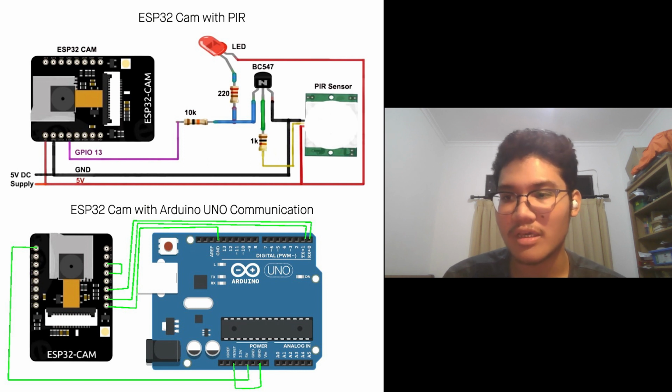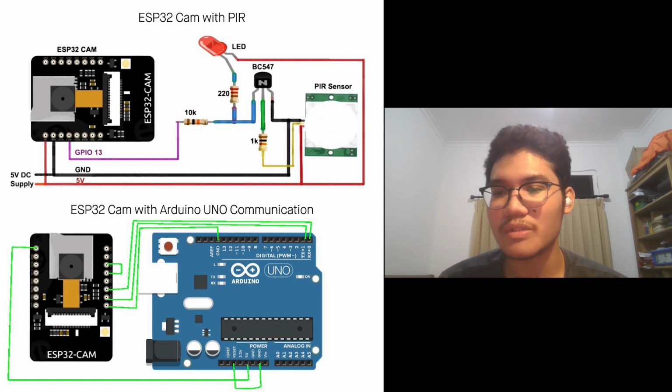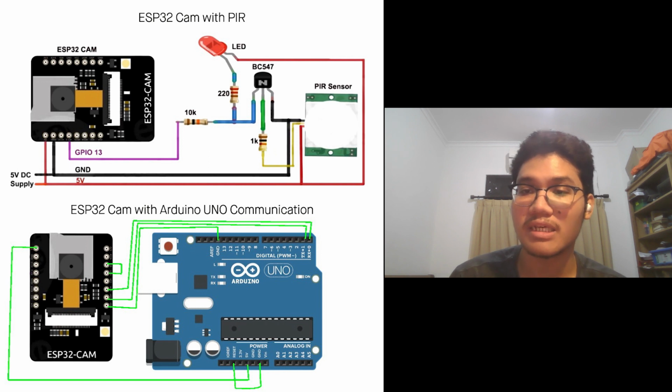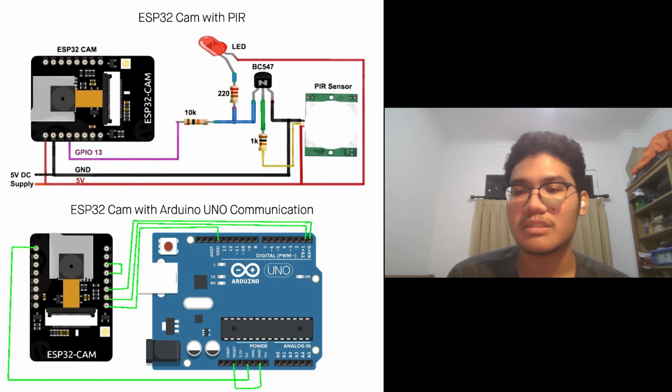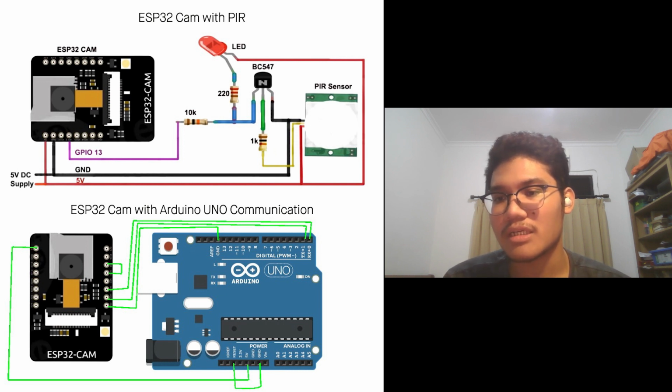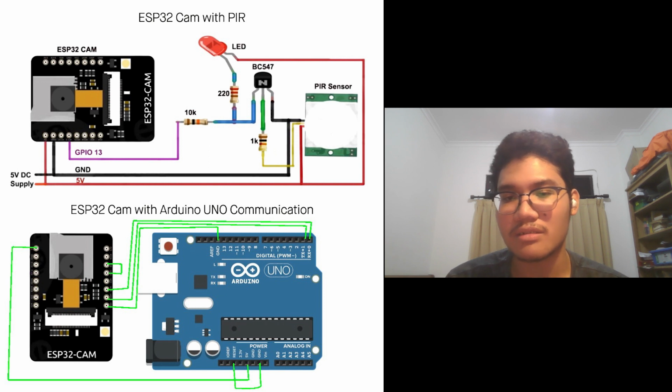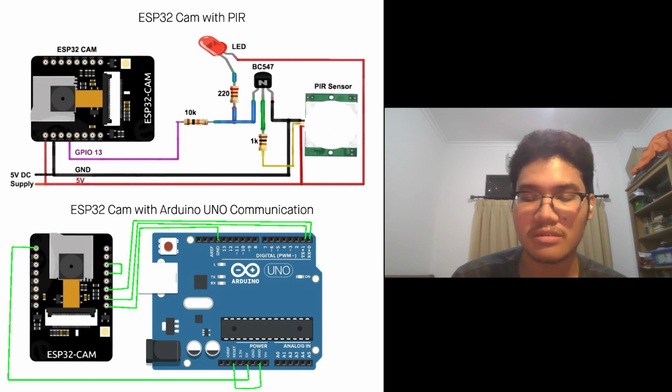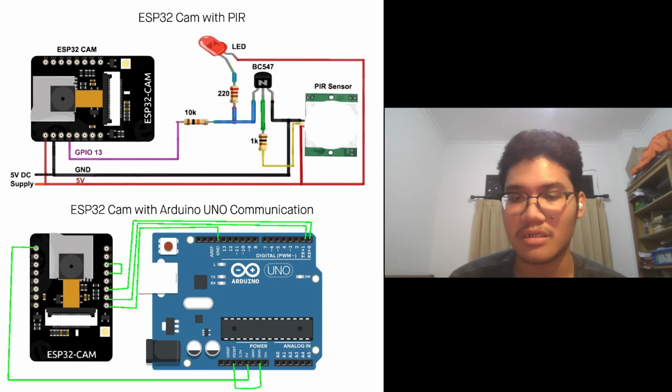So for example, if there's a motion detected by the PIR, then the signal will be sent to the BJT, and the BJT will allow the current from the 5V to flow to the ground, and it will turn on the LED. And besides that, it will also send a signal to GPIO 13 as an indicator that there's someone being detected, and the ESP32 will start taking a picture of that person.